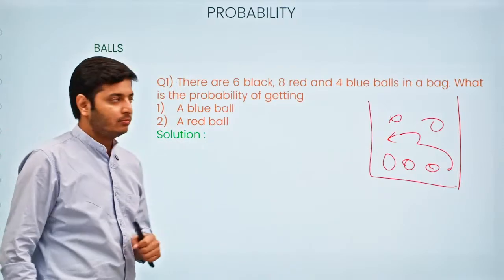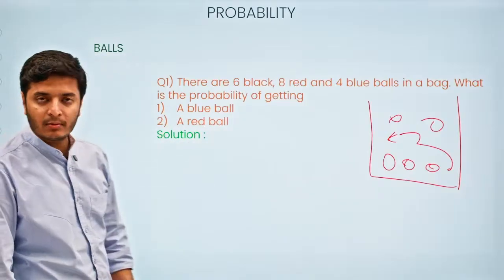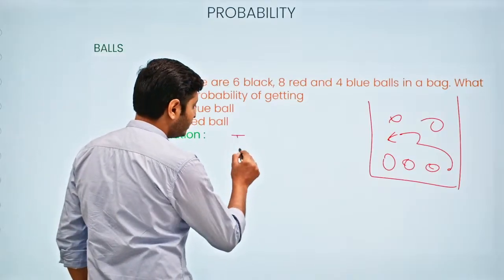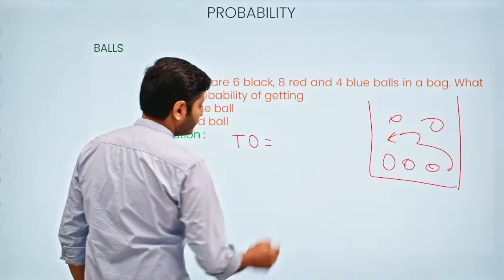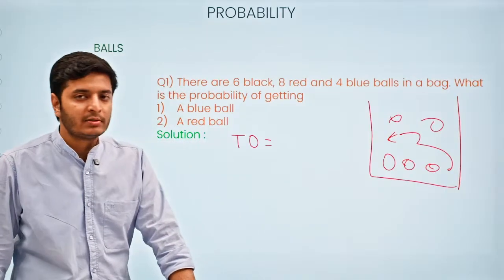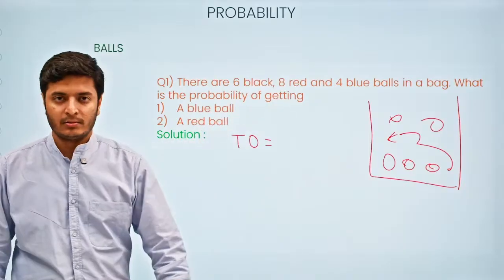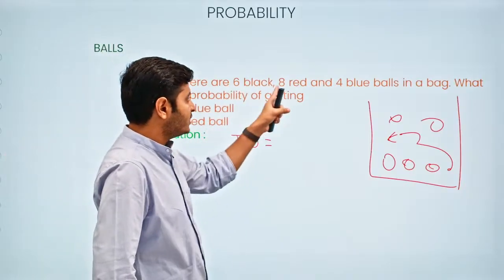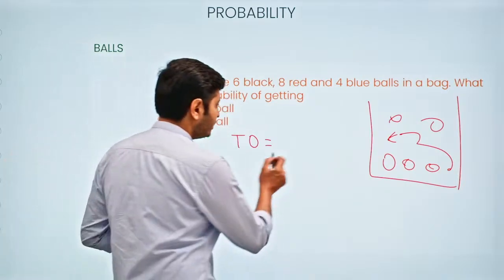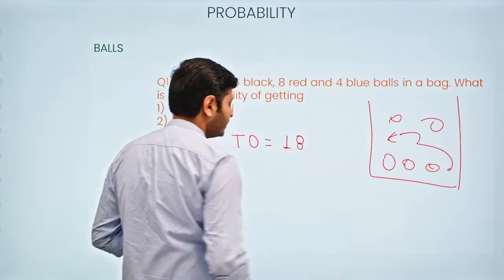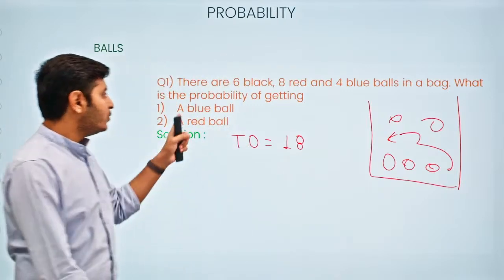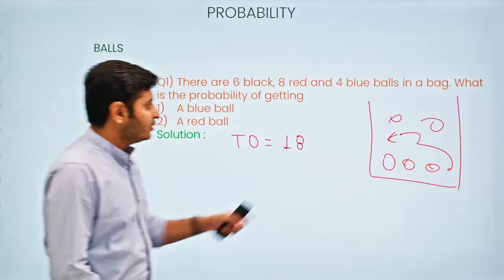How to find the probability now? We need to find the probability of getting a blue ball. So first thing, I'm gonna write the total number of outcomes there can be. The total number of outcomes in this type of problems depends on what? Total number of balls, and that is 6 plus 8 plus 4, that is 18, right? So the total number of outcomes that there can be is 18. Out of these 18 outcomes, how many balls are blue in color? 4 only.